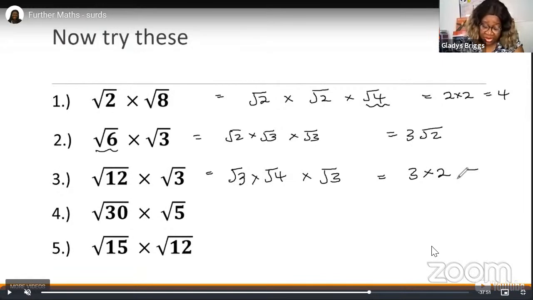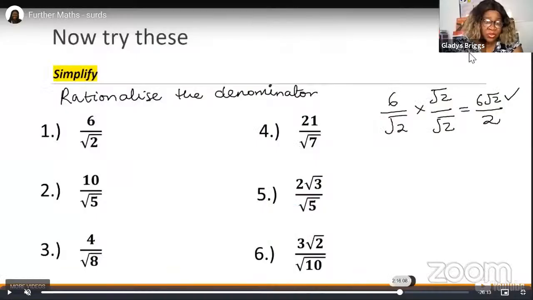Shows you how to multiply out surds. I'm not going to give you all of them. By Monday, when I teach you on Monday, you will definitely know for sure which one of them is coming, okay? We're reminding ourselves everything that we did. Okay, we had a look at rationalizing the denominator for single fractions.